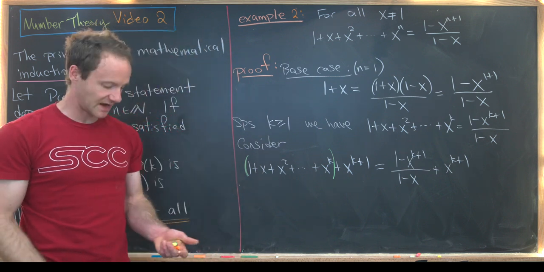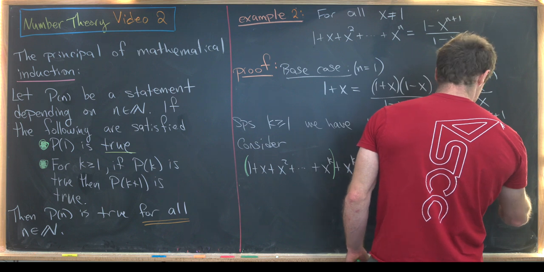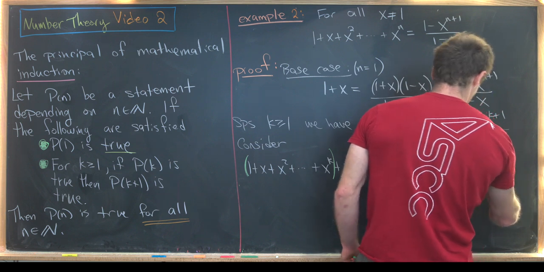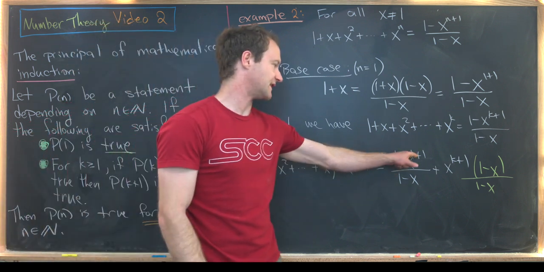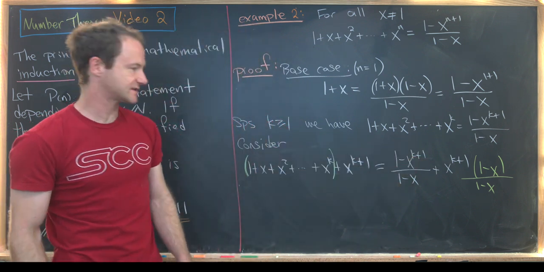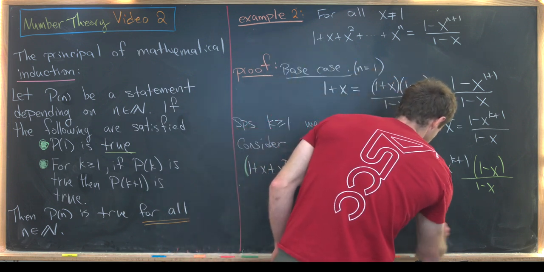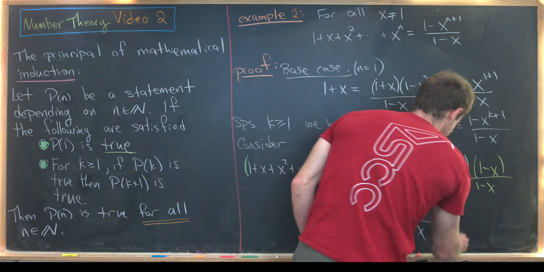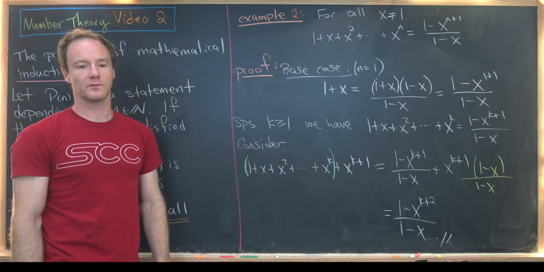But now we can combine those fairly easily, giving them a common denominator. So we'll multiply by (1 minus x) over (1 minus x). If we do that, we notice that the x to the k plus 1 term cancels, and we're left with (1 minus x to the k plus 2) over (1 minus x), which is exactly what we need for it to hold this form.